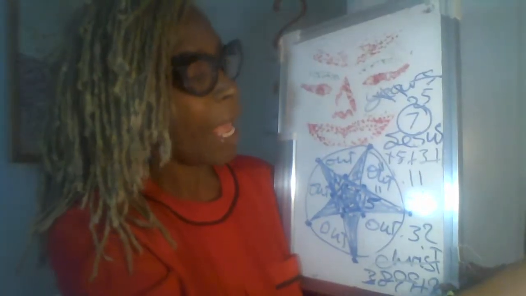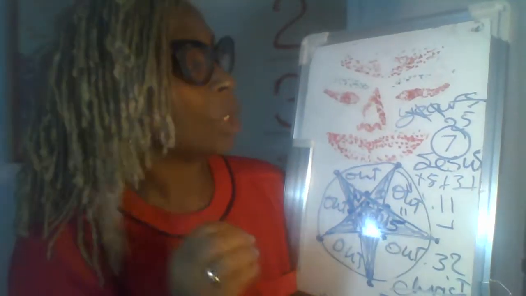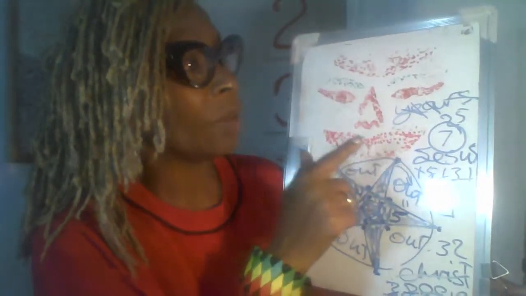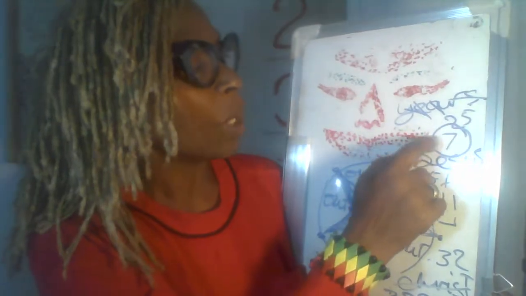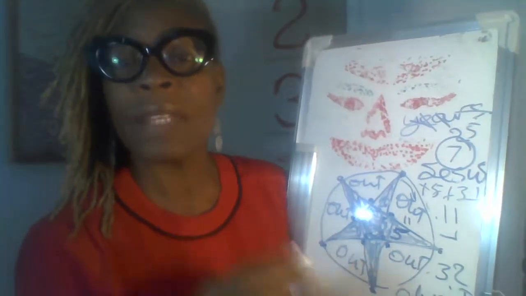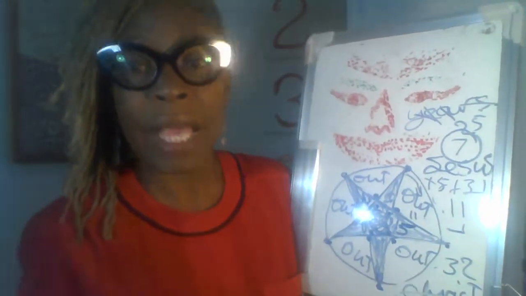So we are seeing that the woman with the issue of blood for 12 years, as we said, 12 represents 6, but we also see that years, because days and years were given as signs.